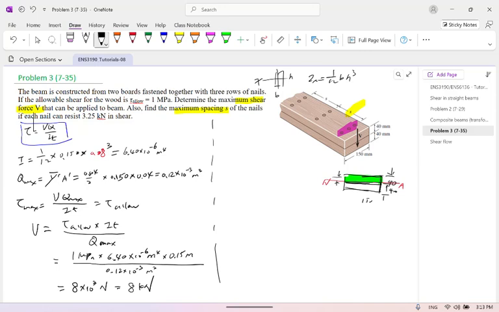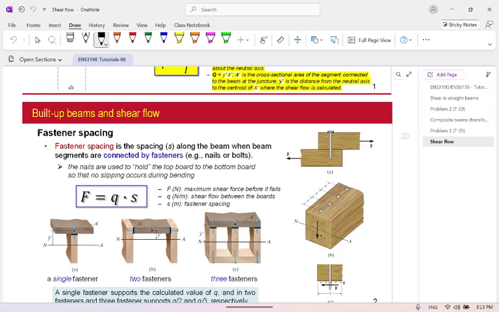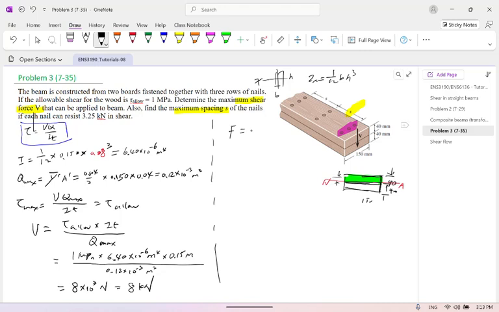So the second part is the maximum spacing. Based on this, F is equal to QS. From here, we know that F is equal to QS. But because there are 3 of these, it's still more confusing. So whether here is a 3 or here is a 3, which one should it be?